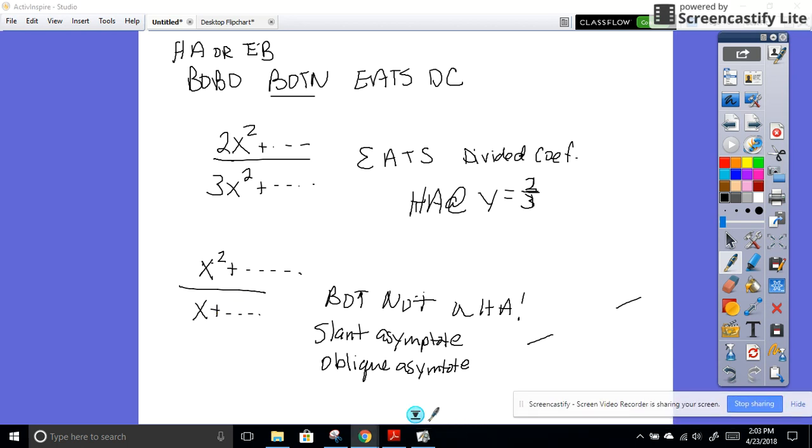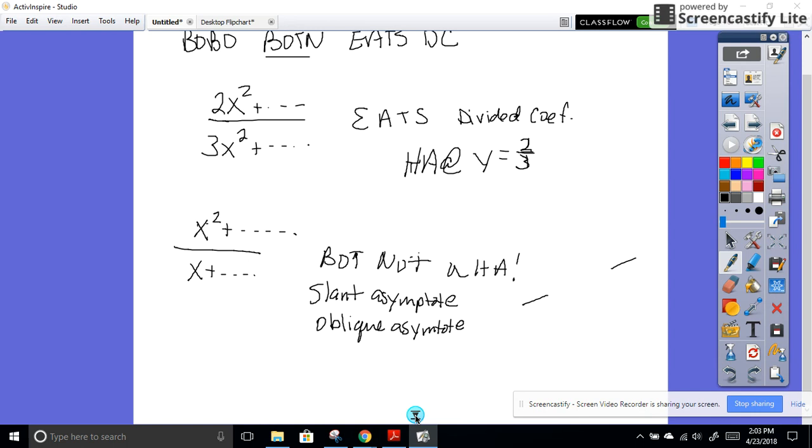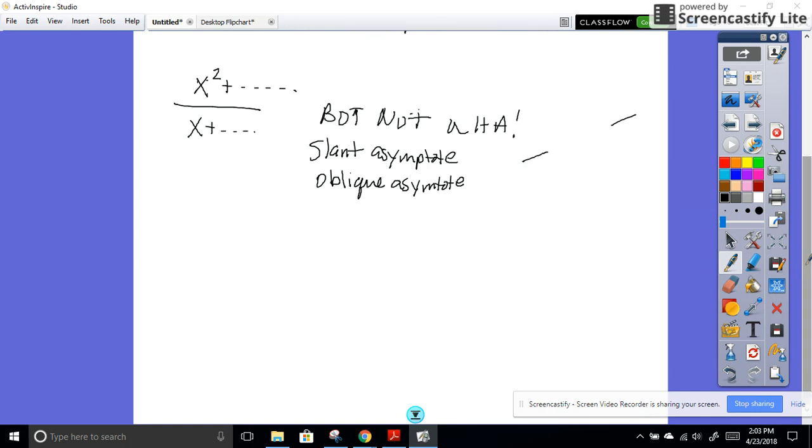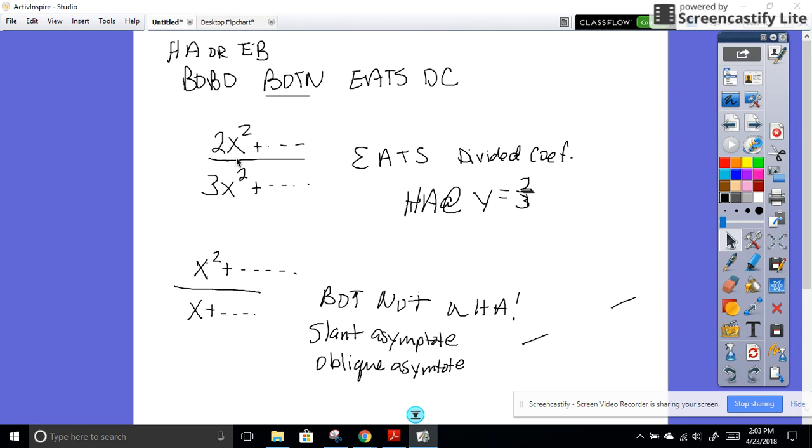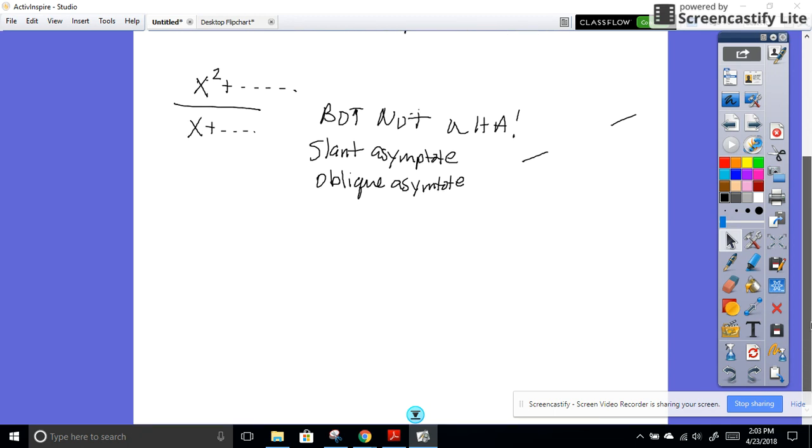The numerator and denominator degrees could be the same, or bigger on top, or what's the third outcome?